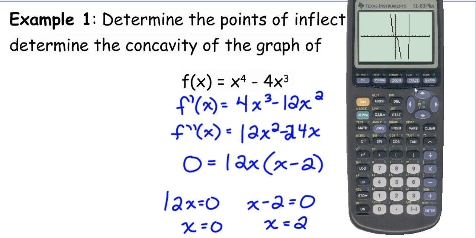And here's our function. Obviously I can't see the whole thing, but if we look at it, we're concave up right here until we get to 0. Then it's concave down. And then let me adjust my window a little bit. Let me change my Y maximum to 5 because I'm not as concerned about the top of it.